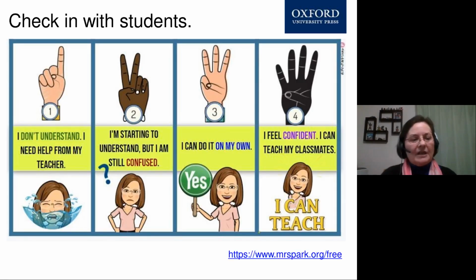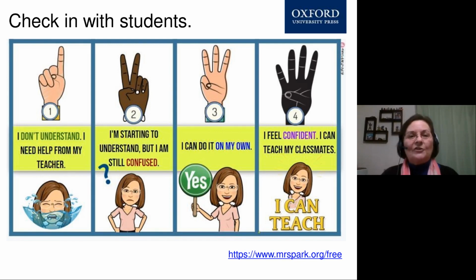This is a little chart that I started using in my online classes. So when we were doing something new in class, students could hold up 1 finger, 2 fingers, 3 fingers, or 4 fingers to show me how they were doing with the subject or the content. What I really liked about this was there's no detriment to showing you don't know something.